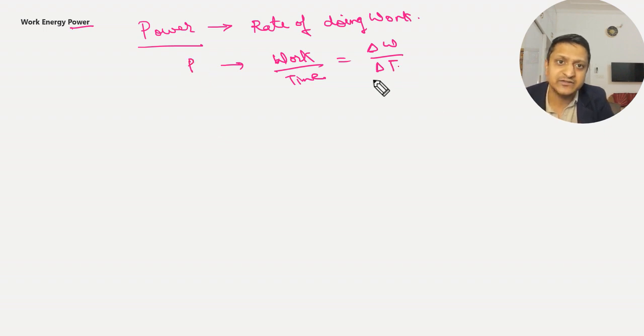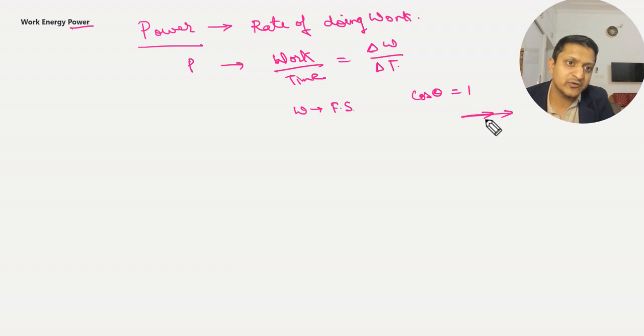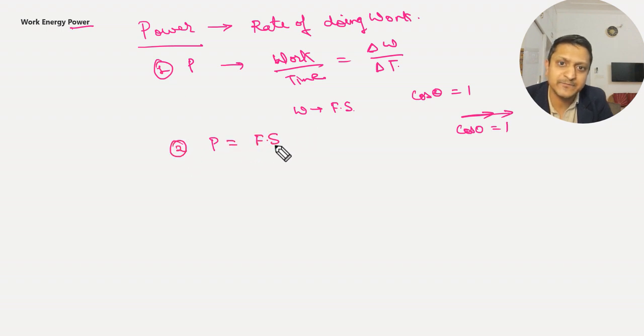And we have already discussed that work is F dot S. I'm not writing cos theta, because cos theta is 1 when the movement and the force are in the same direction, cos 0 is equal to 1. So I'm just writing Fs. So P equals work upon time, which is the first thing you have to remember. The second formula is Fs upon t, and this s by t becomes v because velocity is s by t.